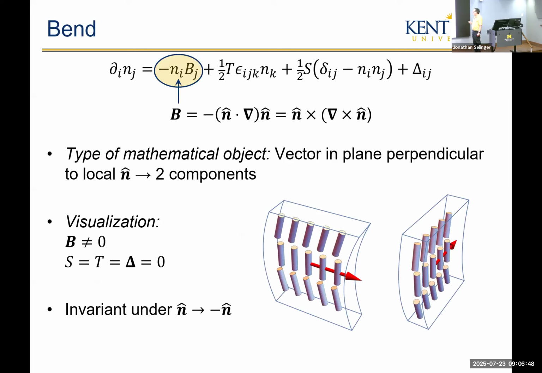What are those four kinds of mathematical objects? Well, one is bend. Bend represents how the director varies this way. So along the director, how does it tip over, like that, or like that? This is a two-component vector in the plane perpendicular to the director itself.